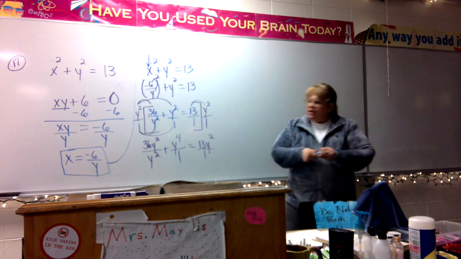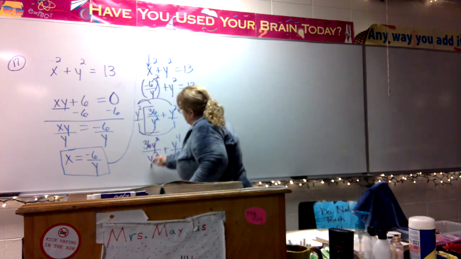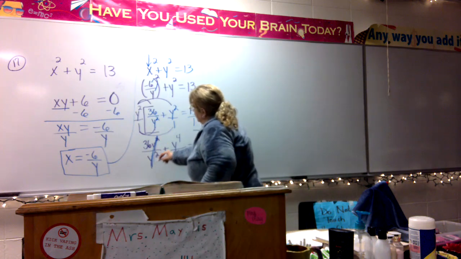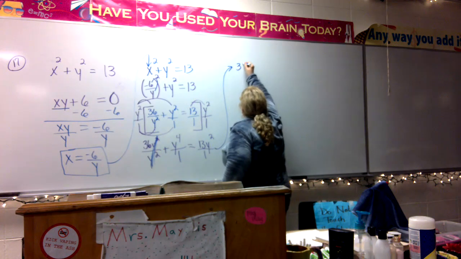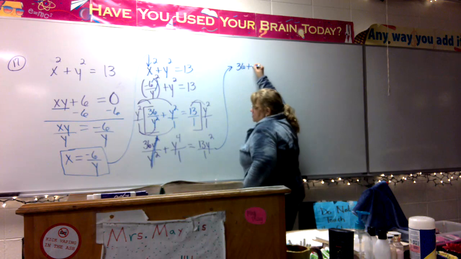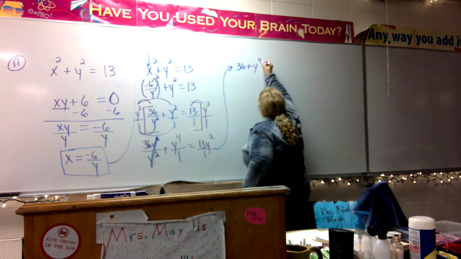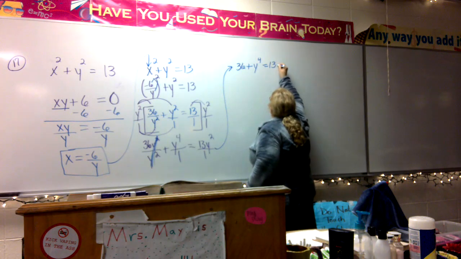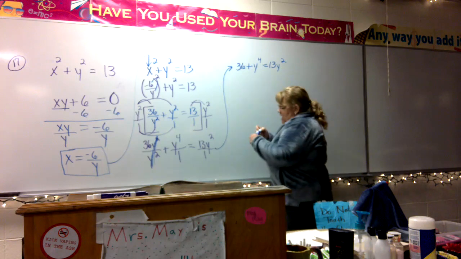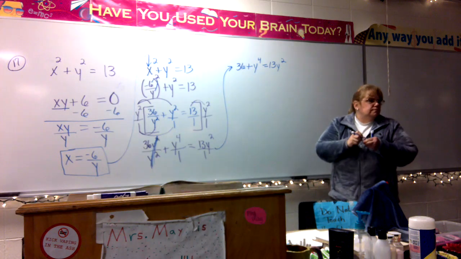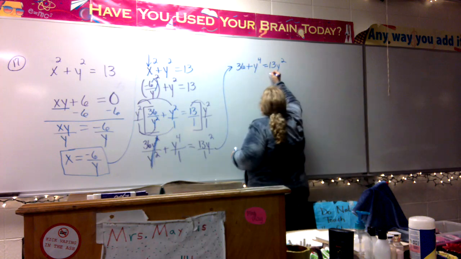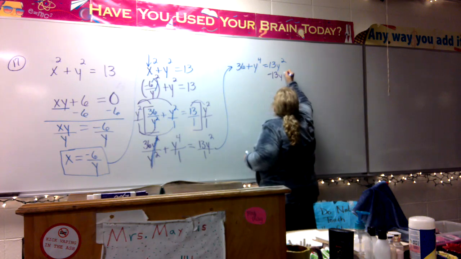And only one fraction will have things that cancel. And what does that give you then? 36 plus y to the 4th equals, and if I were you, I think I would get it all equal to 0. I would minus 13y squared.